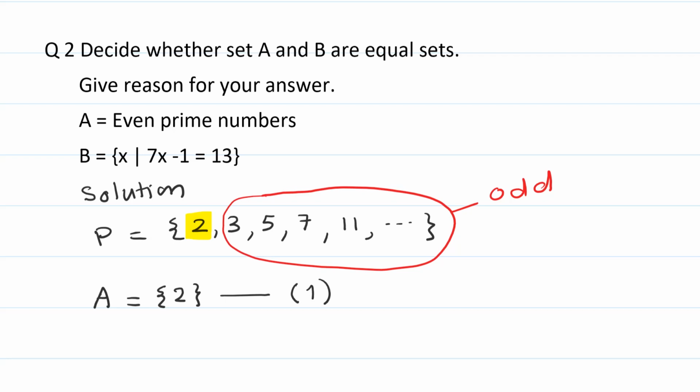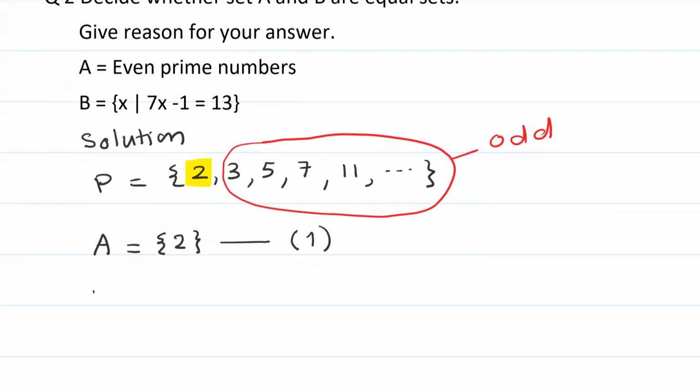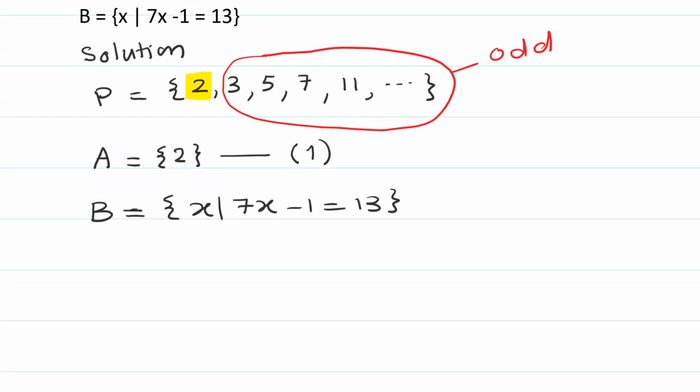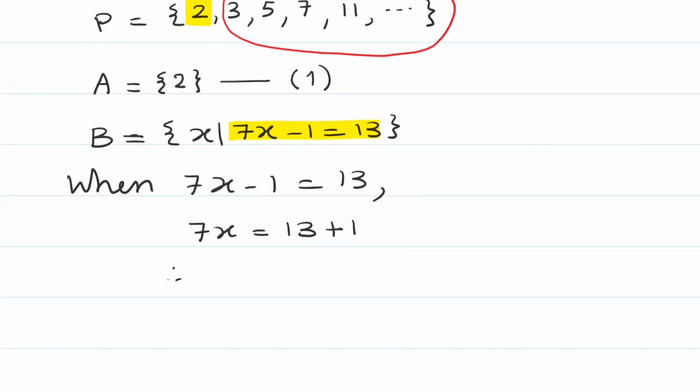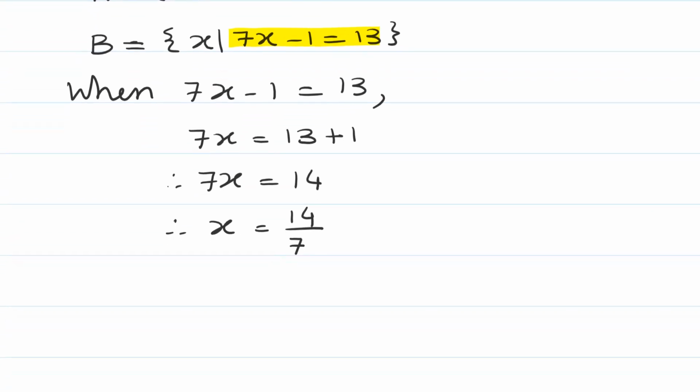Now we'll find out set B. B is set of all x such that 7x minus 1 is equal to 13. Now we'll find out all numbers satisfying condition 7x minus 1 is equal to 13. So when 7x minus 1 is 13, then 7x is 13 plus 1. And therefore 7x is equal to 14, and therefore value of x is 14 upon 7, that is equal to 2.